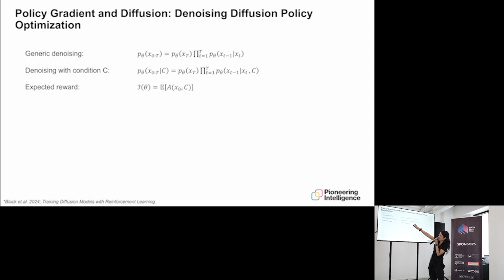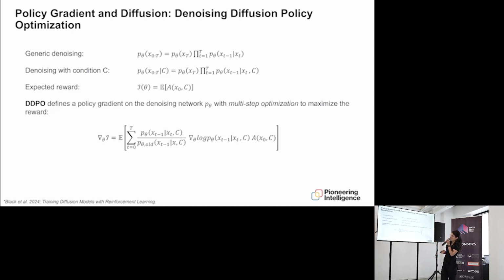So here on the top, that's the generic denoising formula, and I added in a condition just to prime you a little bit for the inverse folding task, where you have a structure condition. And the expected reward in the policy gradient is: you want to maximize the expected reward of that data point that you recover from the noised to the denoised state.